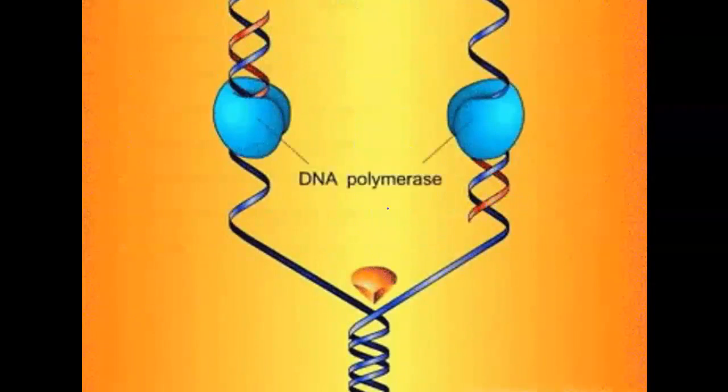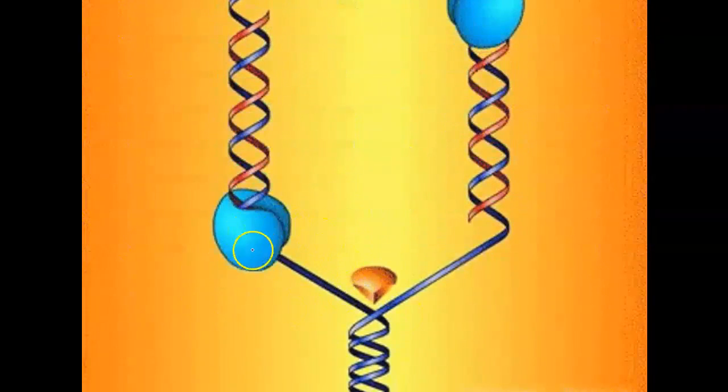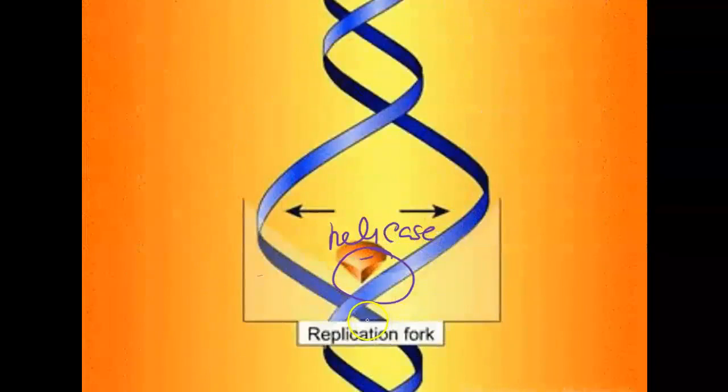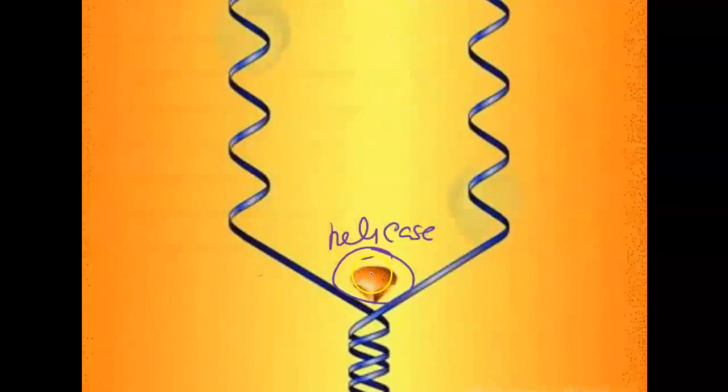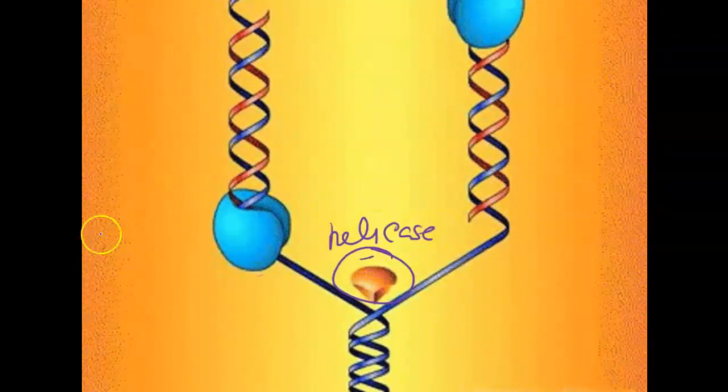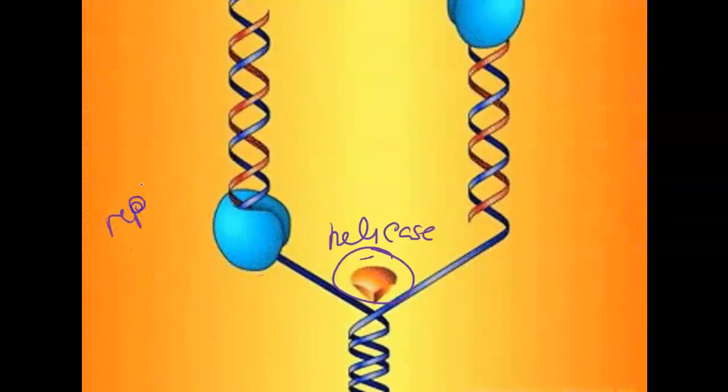This is a little GIF that I like that shows you the process of the unzipping. I don't know if I can write on this or not. Oh, I can. But there's your helicase. Helicase is going to unzip. This structure here that forms is called a replication fork. Replication is the process.